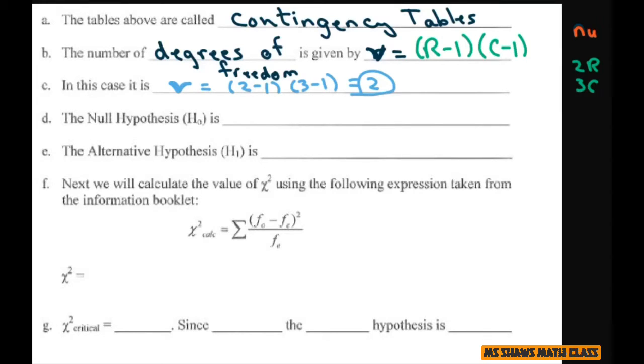And we're going to look at that when we look at our critical values.